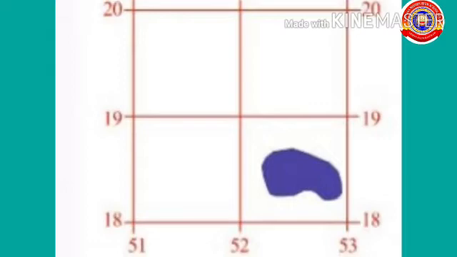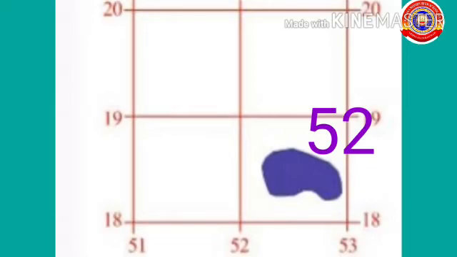First, we find out the eastings value. What is eastings? North-south lines are called eastings. Here it is 52. First, you have to write 52. Then the value of northings. What is northings?